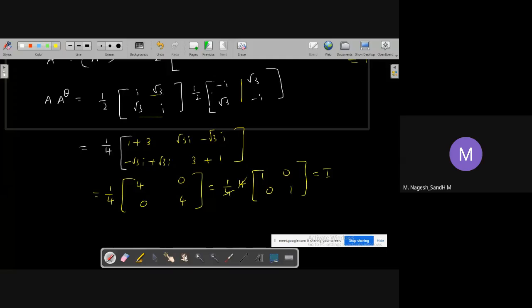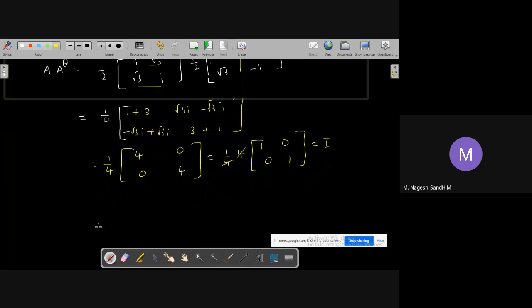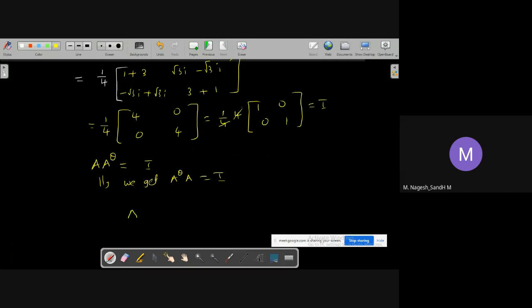Therefore, A into A power theta is equal to I. Similarly, we get A power theta into A is equal to I. Therefore, A into A power theta equals A power theta into A equals identity.